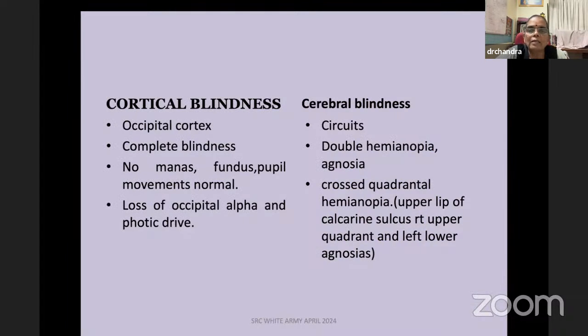So cortical blindness and cerebral blindness, what is the difference? Cerebral blindness is agnosia, visual agnosia, whereas cortical blindness is true blindness. In cortical blindness, the disease is in the occipital cortex, complete occipital cortex damage, that is area 17 and 18. And there is complete blindness. The patient will not have the menace reflex.